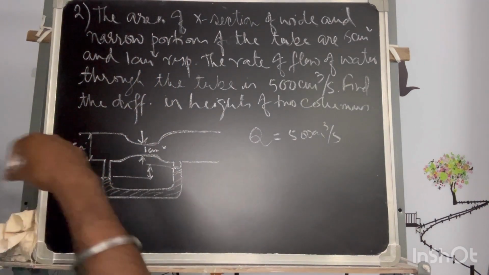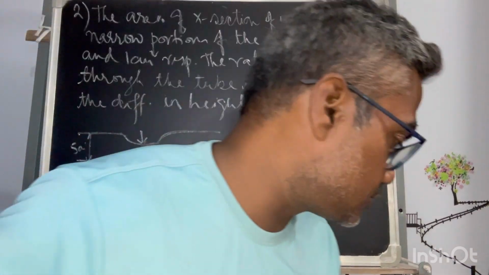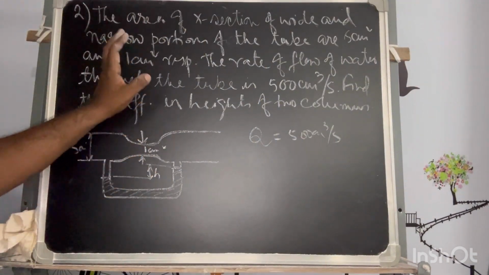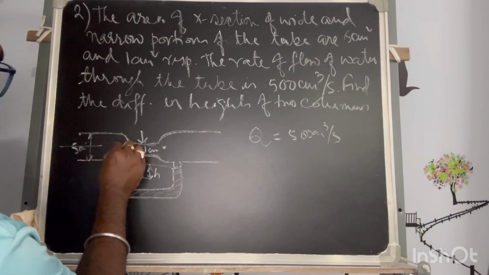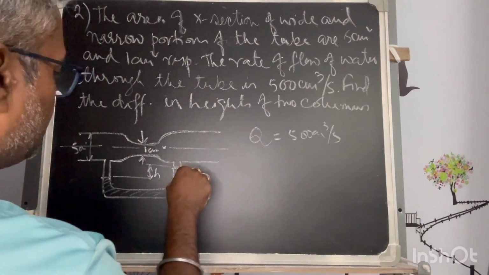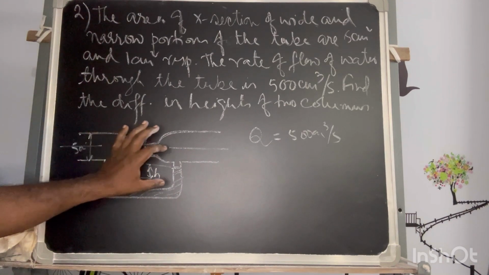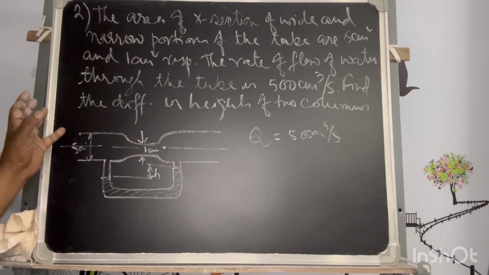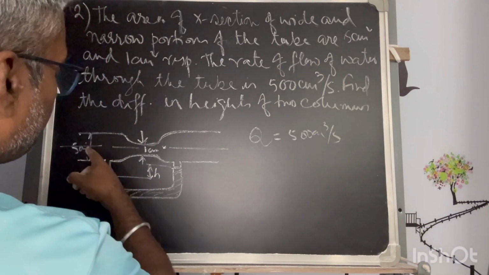The difference in height, so this height you have to find. So this is also based on the same venturimeter. This is kind of manometer, but the principle is same, because if I say this is the center line, from there you will get the same equation, the pressure energy, the static head energy you can find, and here also the continuity equation can be used. So the cross section is there.